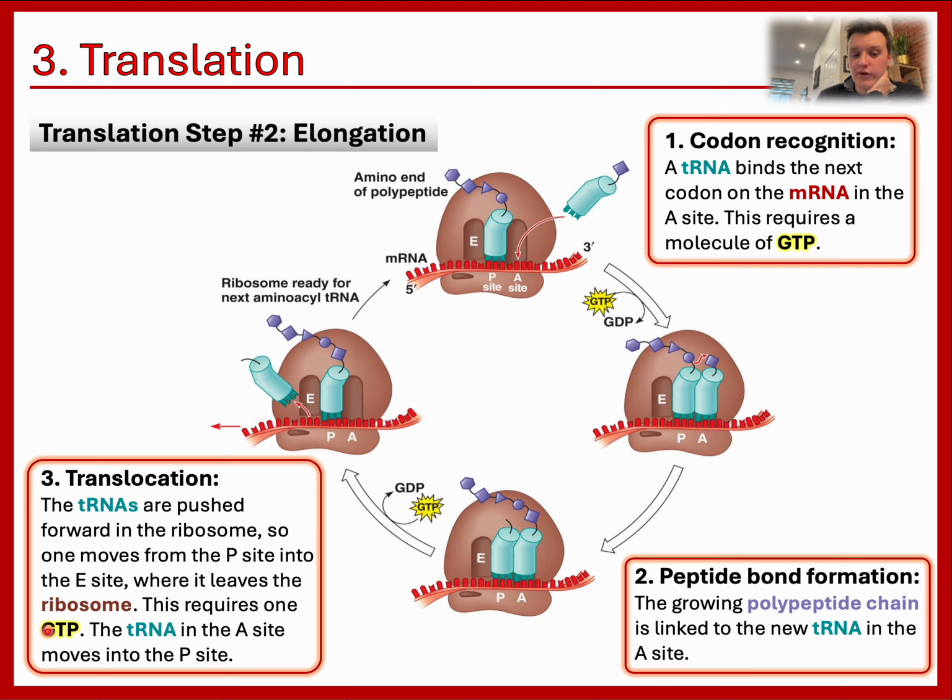This requires GTP as well. And the tRNA in the A site, so you have this transfer. Now it's in the middle. So the E site one exits, and the P site one is now ready for the next aminoacyl tRNA to come in, and then you're going to bind it on. So those are my steps for elongation.